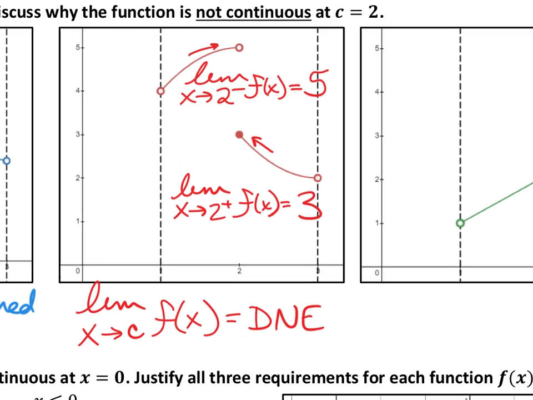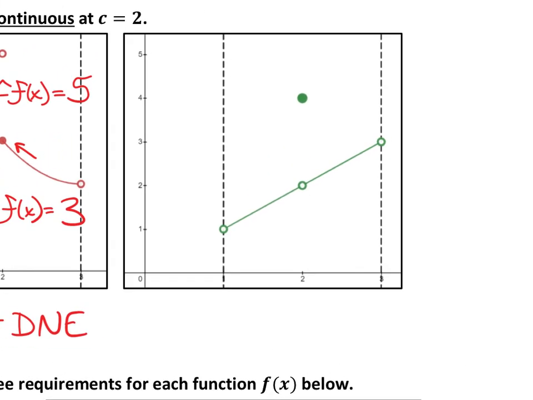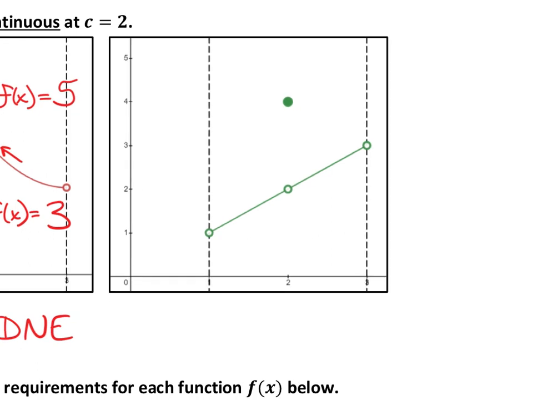Okay, so let's look at the third one. Is there a closed-in dot at 2? Yeah, so it's defined. What's the limit as we approach 2? The limit as x approaches 2 for this function, aren't they both going towards the same number? Yeah, so what's the limit? 2.